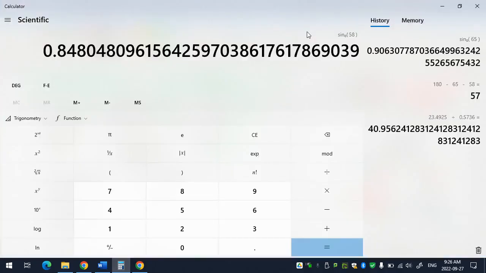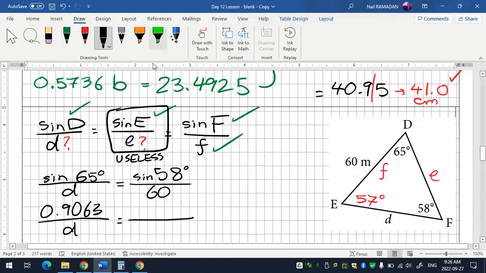What's the deal here? 0.8480, because the 4 does not do anything. This one is not going to touch this. So 0.8480.